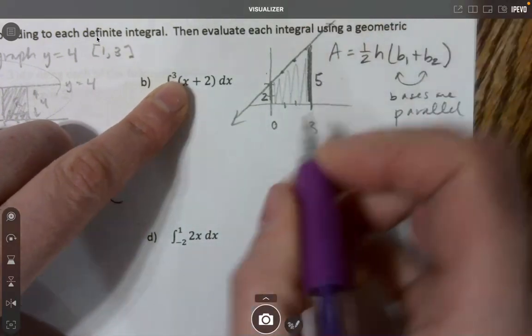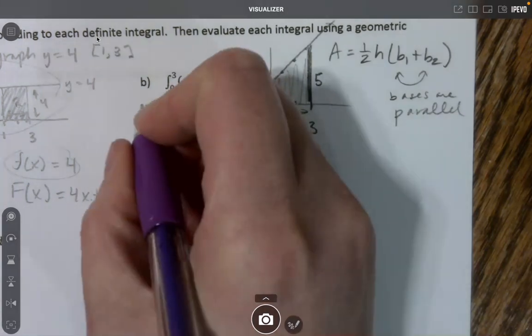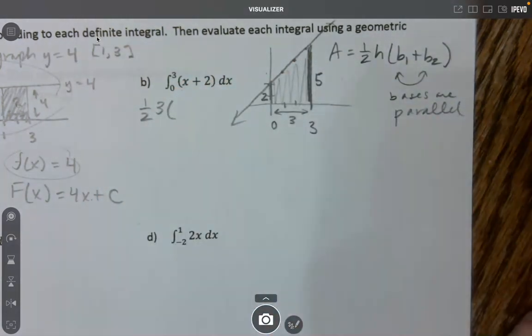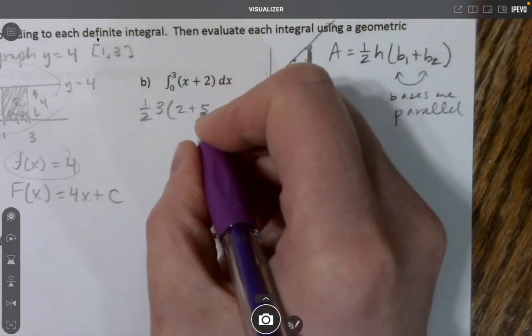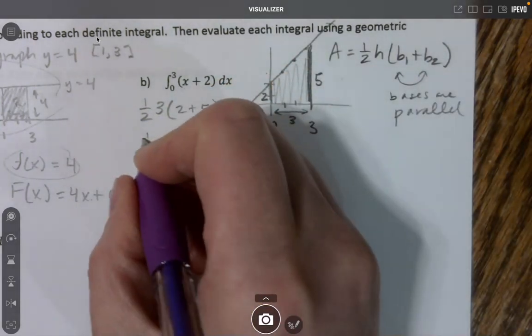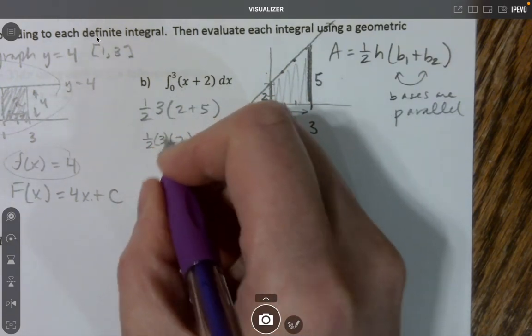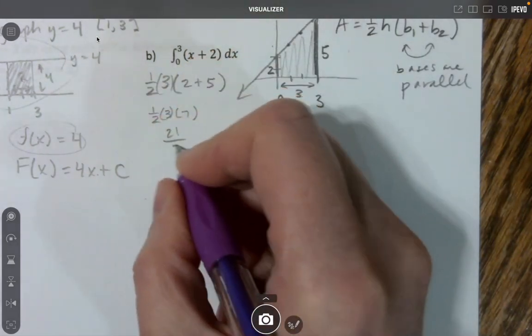So this would be 5. And this would be a height of 3. So I'm going to end up with 1/2 times 3 times, let's see, 2 plus 5. So that's 1/2 times 3 times 7, which is going to be 21 halves.